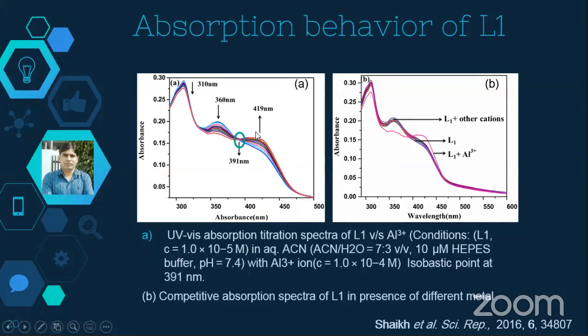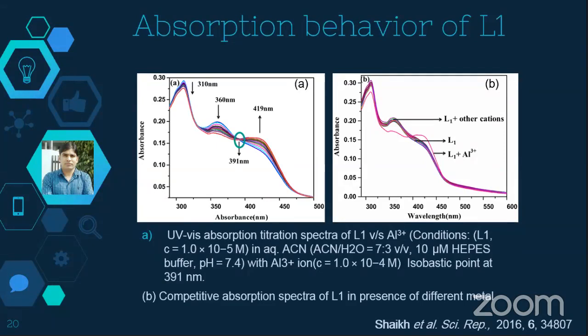This leads to a new isosbestic point, encircled at 391 nanometer, a particular absorbance at which no change is observed during the chemical reaction. The appearance of the isosbestic point during the titration indicates very strong interaction between your host and the analyte.